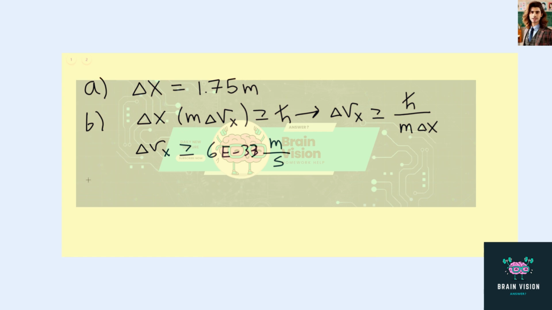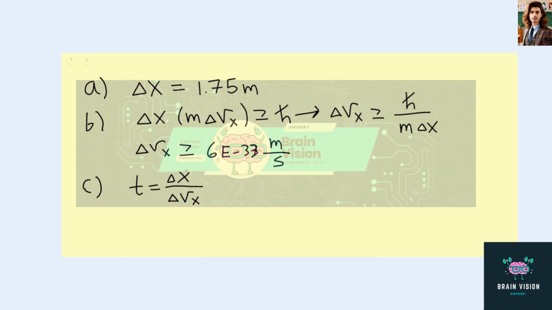Now to find the uncertainty in time to fall off the table, we can simply take the length scale of the table, or rather our delta x, and divide by this uncertainty in velocity, because recall you multiply velocity by time, you get a distance.